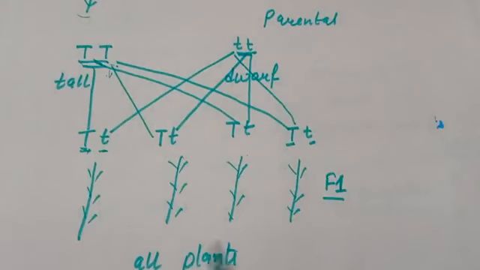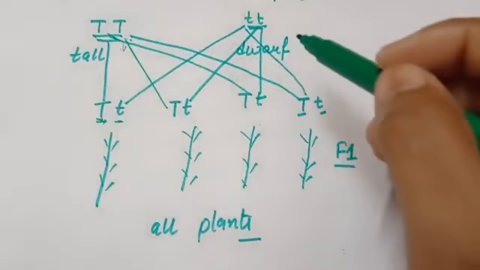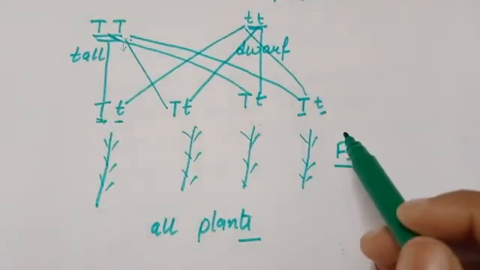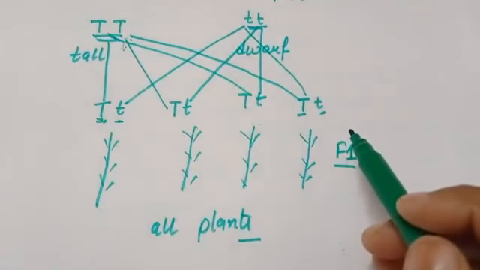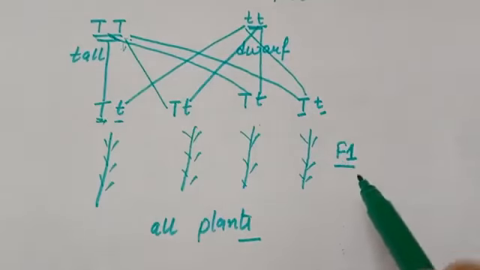Now, what can be concluded on the basis of this experiment? Mendel observed that the dwarf trait of the parent pea plant, which was absent in the F1 generation because no dwarfness came, reappears in the second generation.